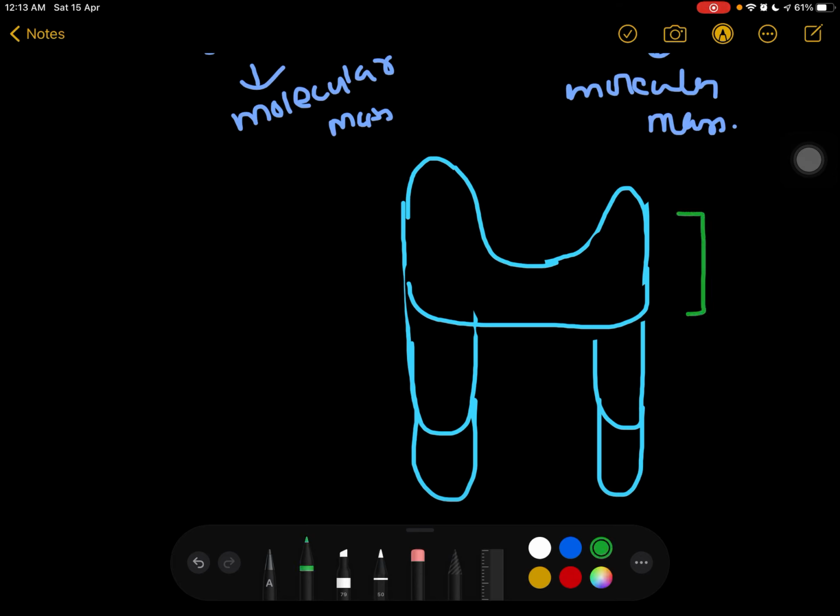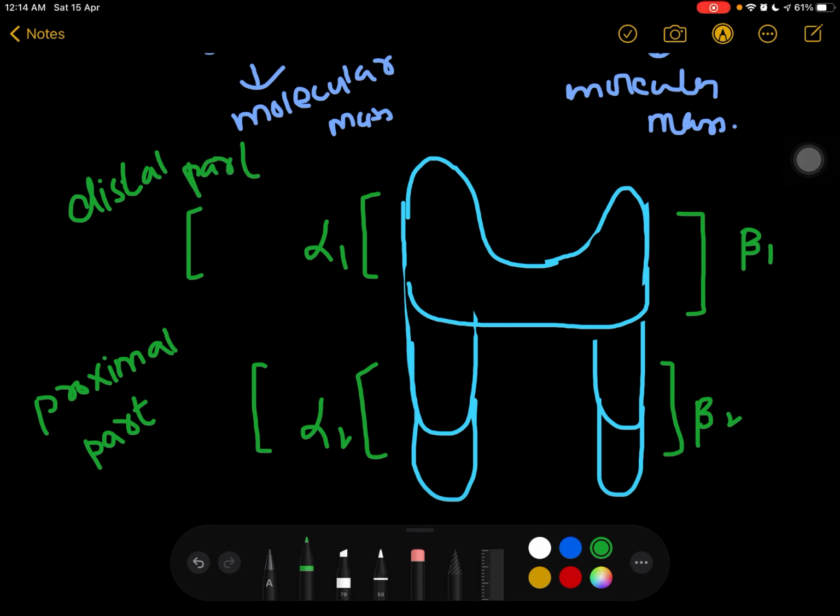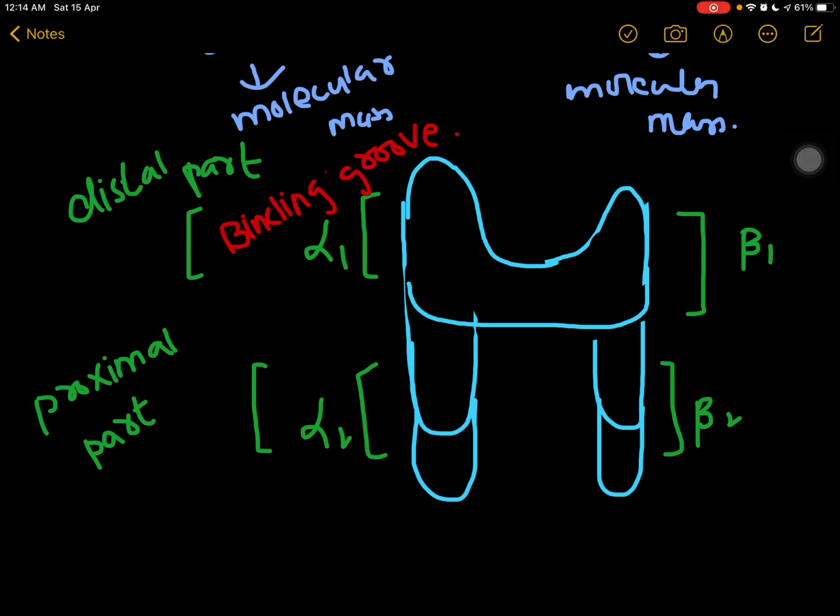This is beta 1, this is alpha 1, this is alpha 2, and this is beta 2. Obviously it is making the proximal part, and this is the distal part. You can say these alpha 1 and beta 1 are basically making the binding groove.